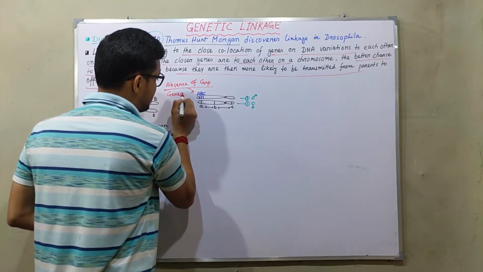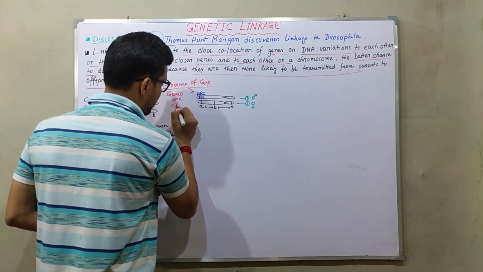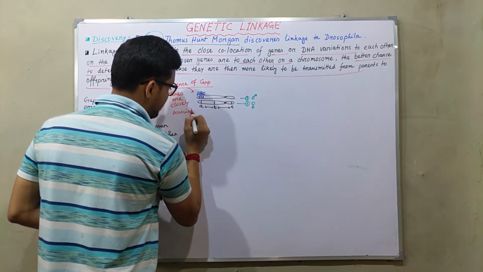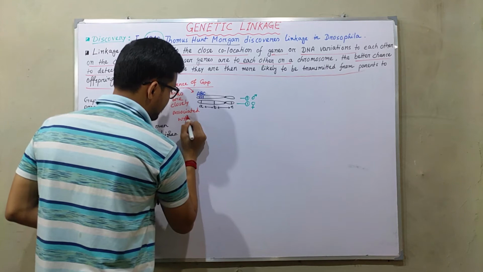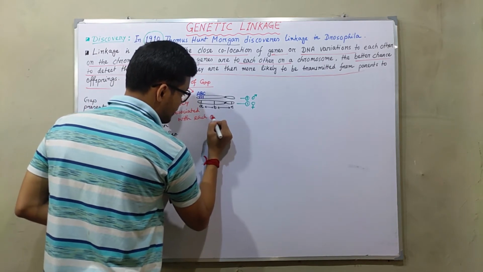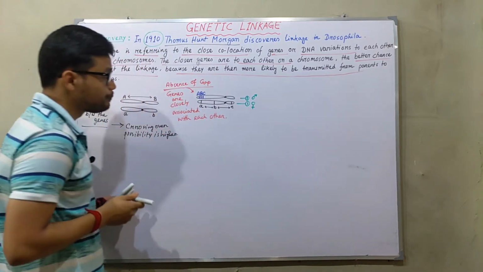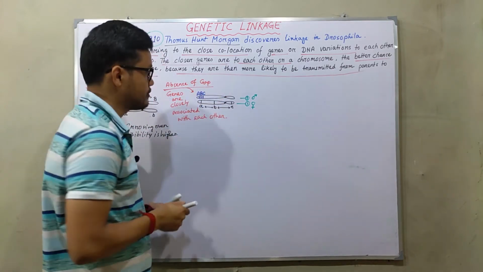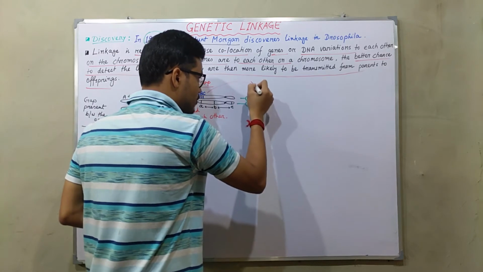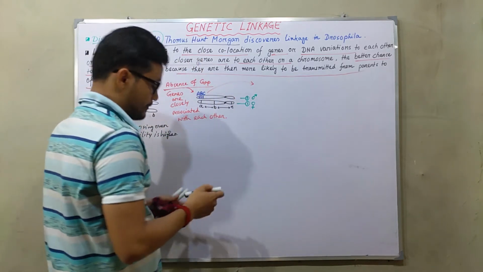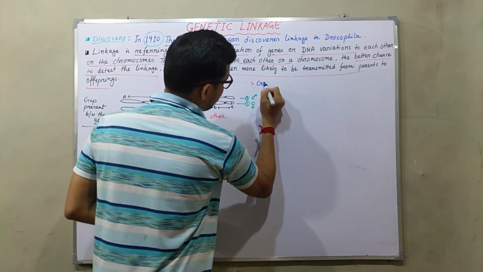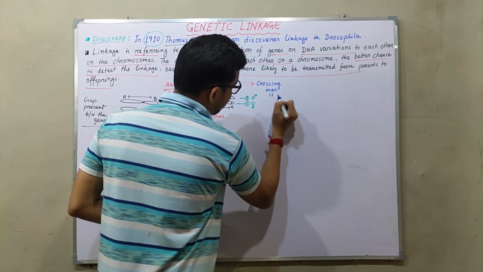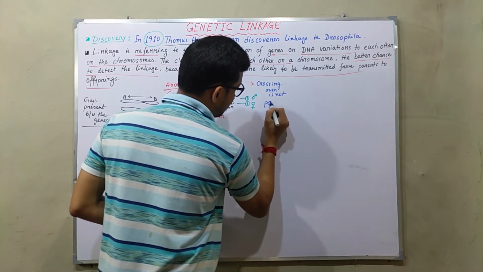So here the genes are closely associated with each other. In this case there is the least possibility of crossing over. Crossing over does not occur here; it is not possible.